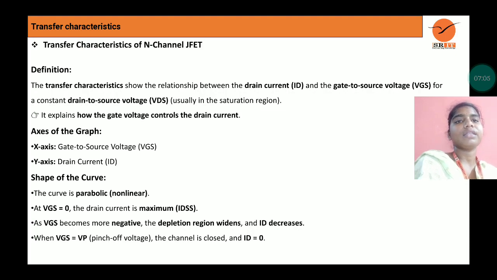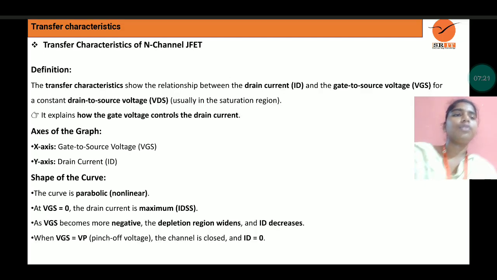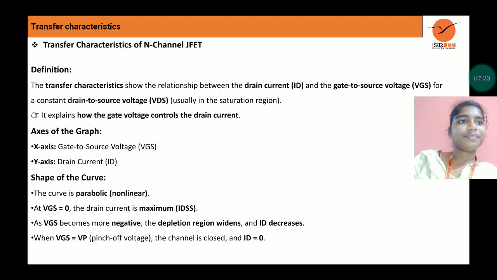Transfer characteristics of the N-channel JFET. The transfer characteristics show the relationship between the drain current and the gate-to-source voltage VGS for a constant drain-to-source voltage. It explains how the gate voltage controls the drain current. Axes of the graph: the x-axis is the gate-to-source voltage and the y-axis is the drain current.